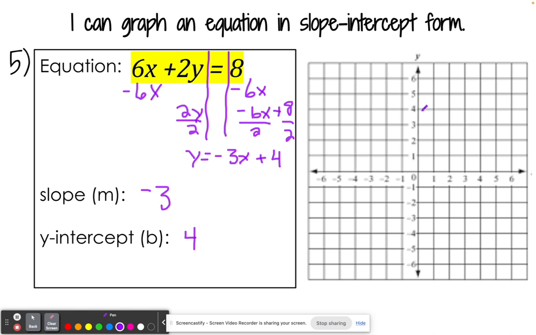So I can put my first point on my y-intercept, which is 4. I have a negative slope, so I'm going to go down 1, 2, 3 over 1. Down 1, 2, 3 over 1. If I wanted to make another one, I could.